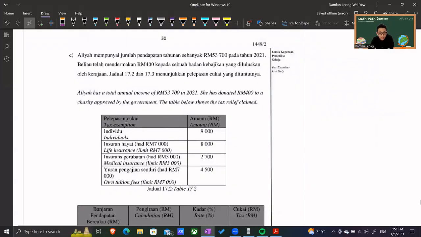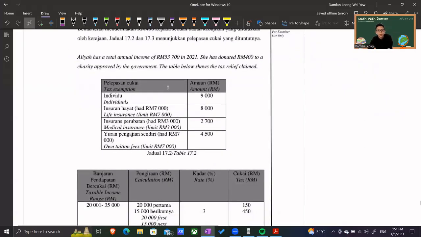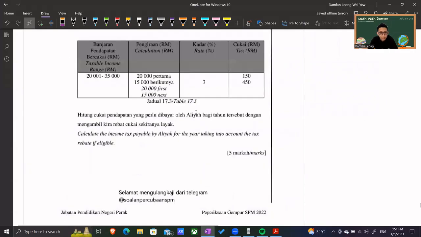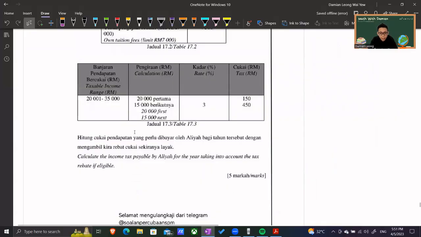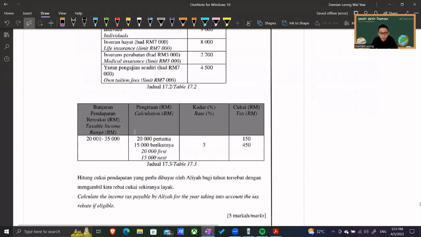Part C. Alia has a total annual income of 53,700. She donated 400 ringgit to a charity approved by the government. Then here are all the tax reliefs. I want the income tax payable by Alia for the year, taking into account the tax rebate if eligible.